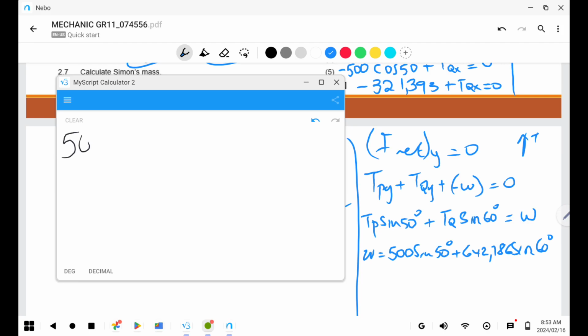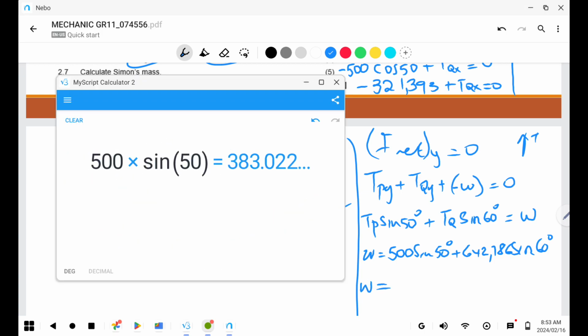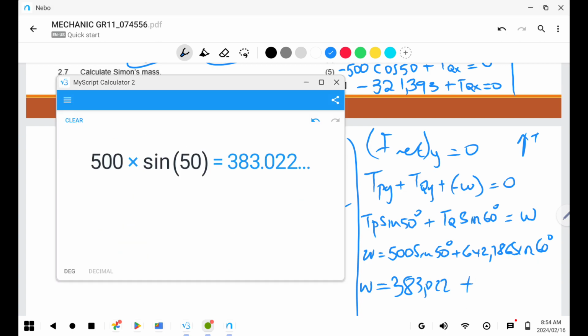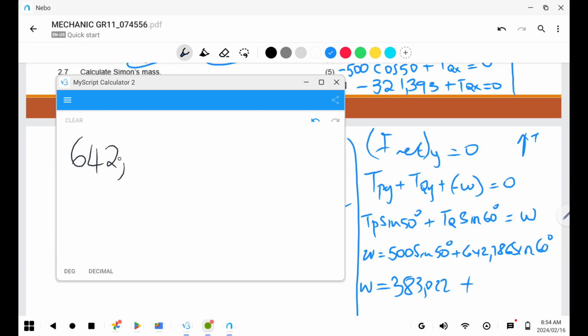Let us do this one step at a time. So we have 500 sine of 50. It says 383,022 plus the second part. Second part is 642,786 sine of 60.